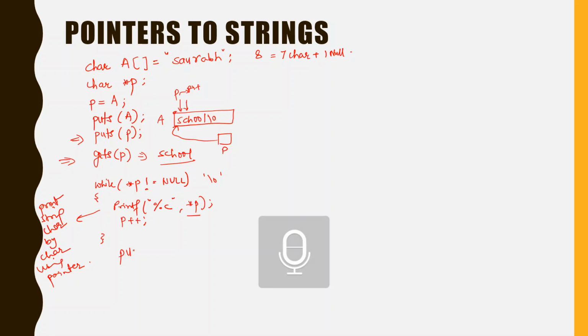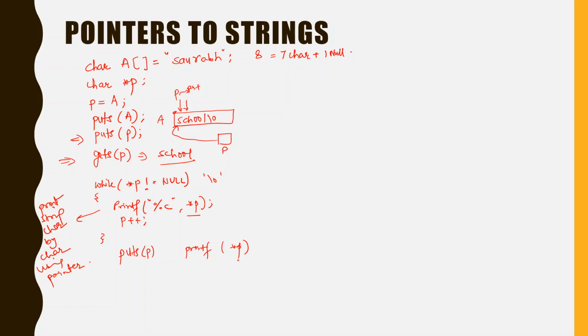So the difference is between puts p and printf, where I want to print pointer p. Now there is a difference between both of them.